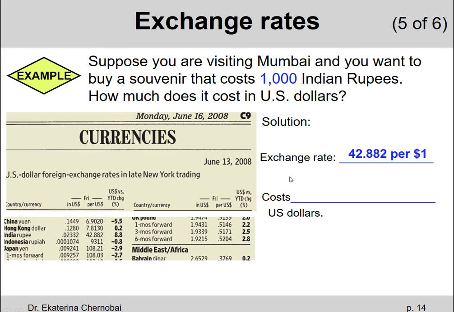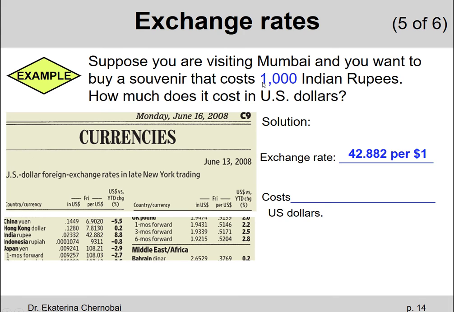Well, let's say we want to use the number from the second column, just like we did in the previous example. That's 42.882. This is how many rupees it is per 1 US dollar. So 42, almost 43 rupees gives you $1. Okay, how do you find the implied price in US dollars?